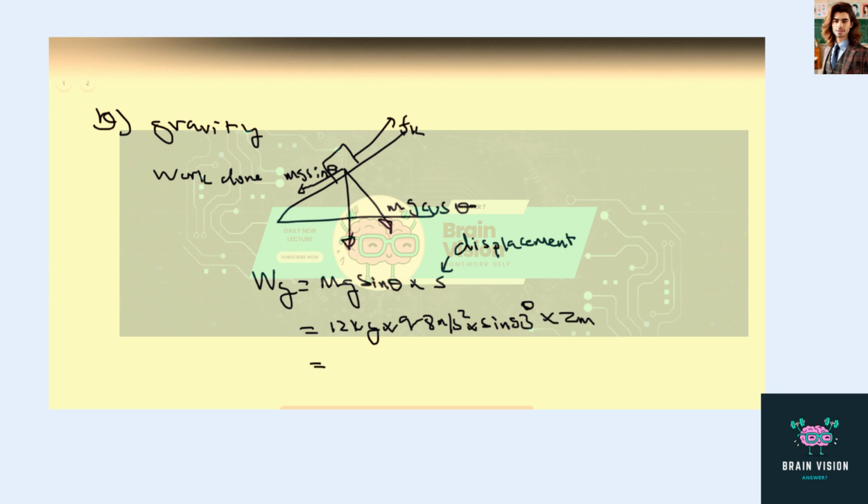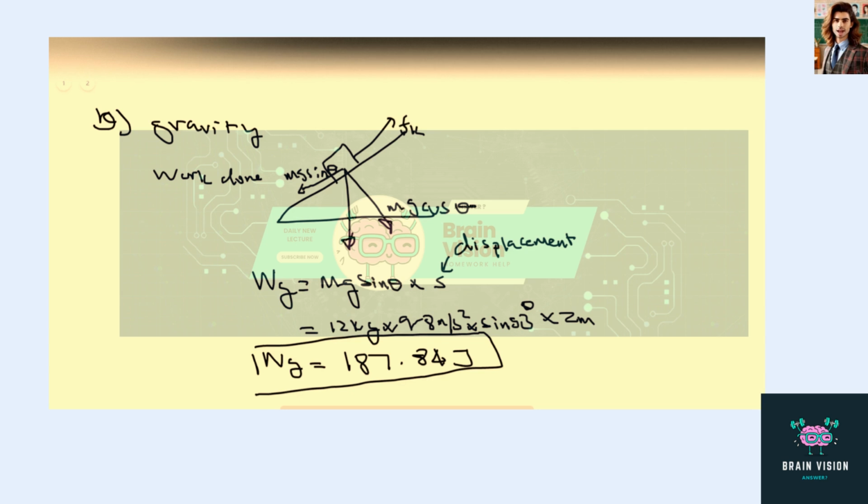And so the work done by gravity is approximately 187.84 joules. That's the second part of the problem.